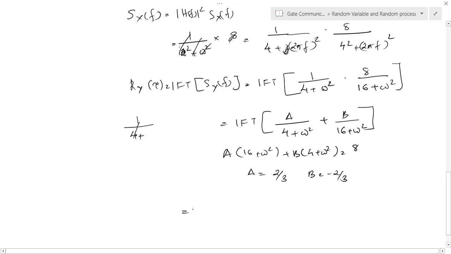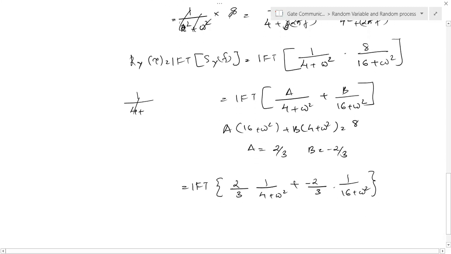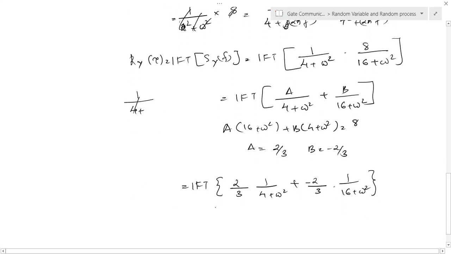So we'll get the inverse Fourier transform of 2 by 3 into 1 by 4 plus omega square, plus minus 2 by 3 into 1 by 16 plus omega square. Okay. Now we can find the inverse Fourier transform of each term.